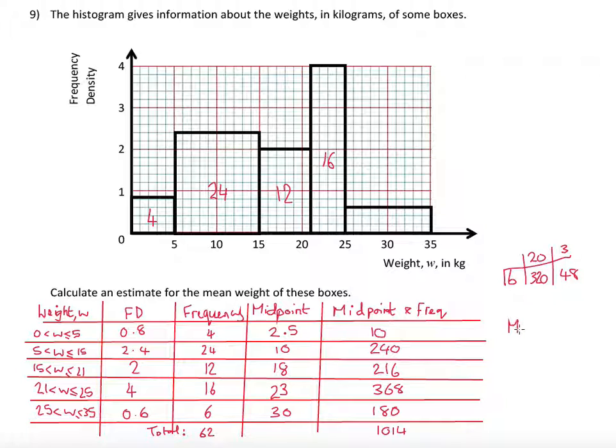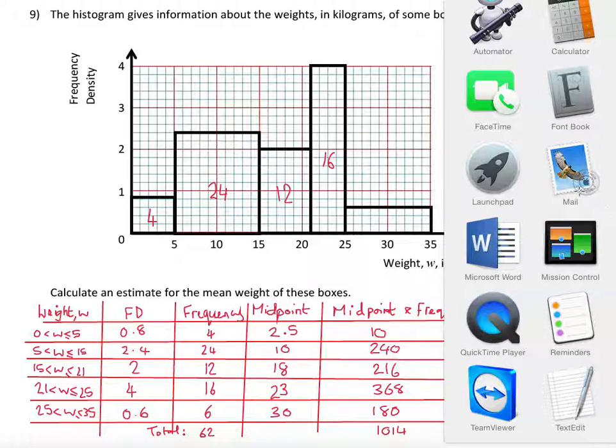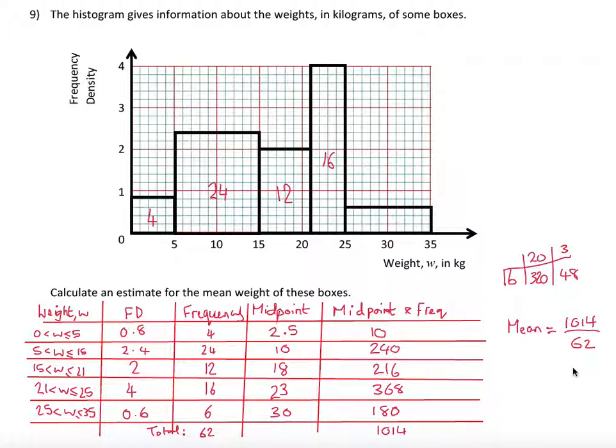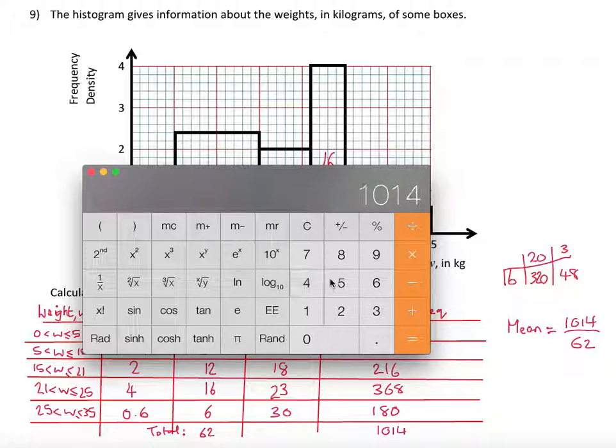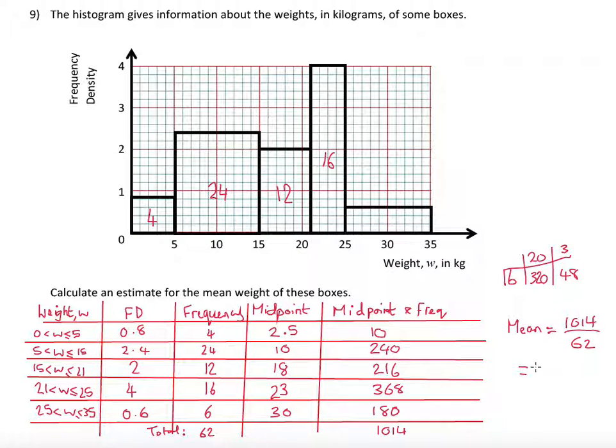So the mean is 1014 divided by 62. I can't remember that one off the top of my head. 16.4, and rounding it to one decimal place is accurate enough for us. So I'll just put in brackets that I've rounded that. And that's the answer.